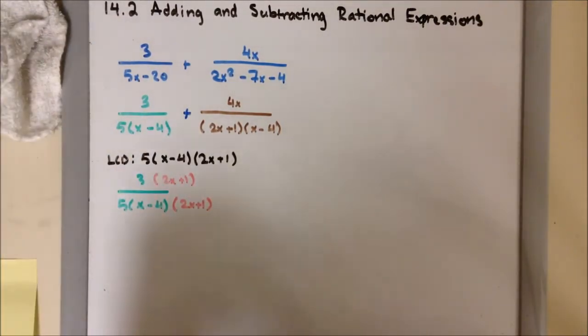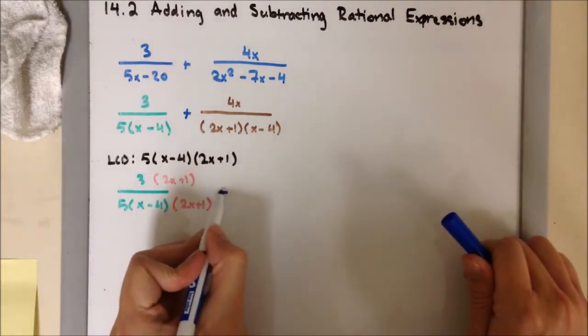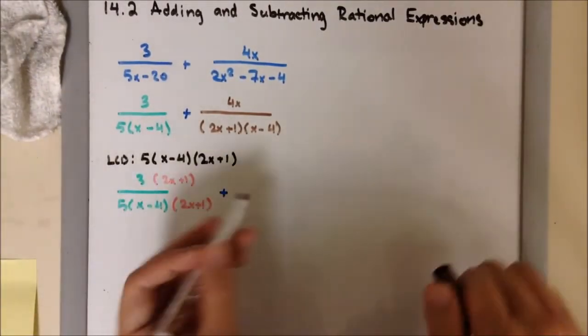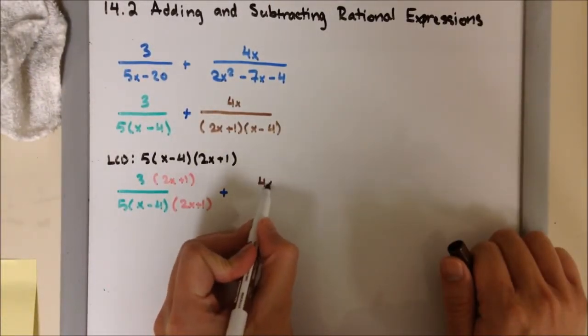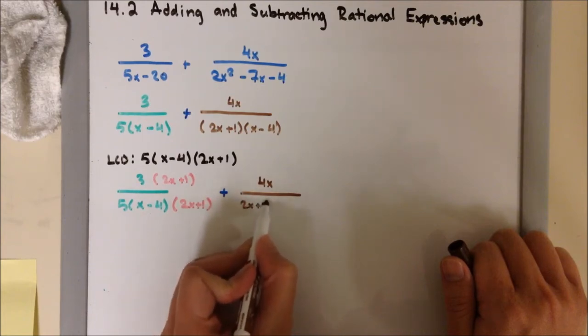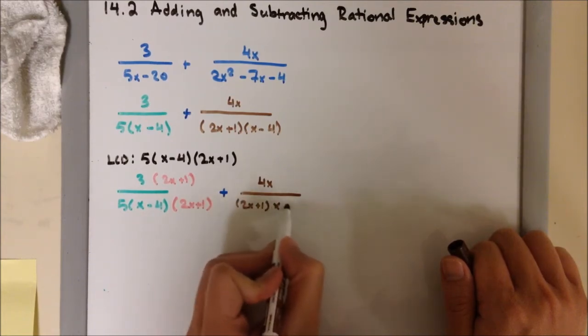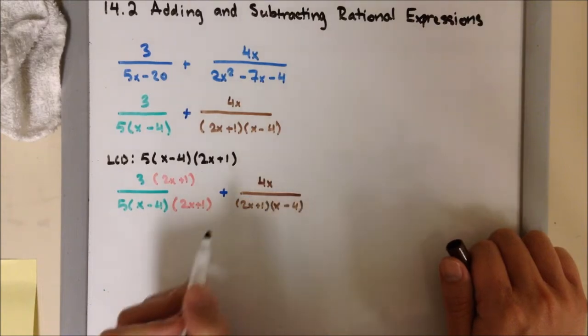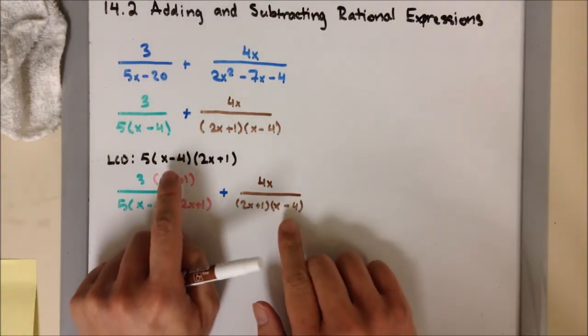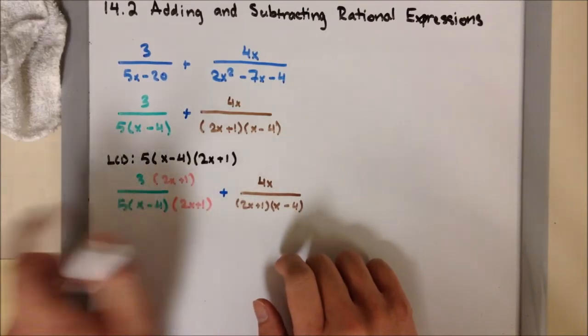Now let's focus on the second fraction. We have the 4x over 2x plus 1 and x minus 4. Now comparing to the LCD, I have the 2x plus 1 and the x minus 4. The only thing I'm missing is a 5.